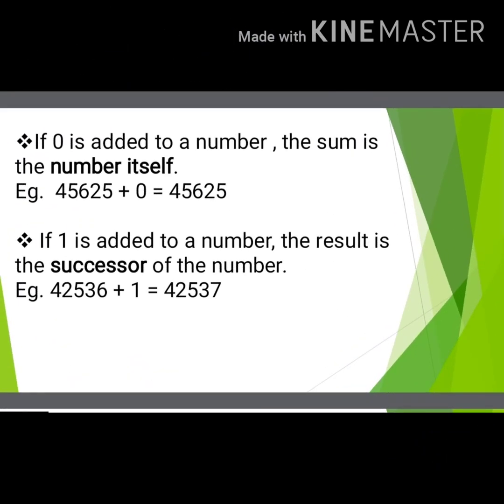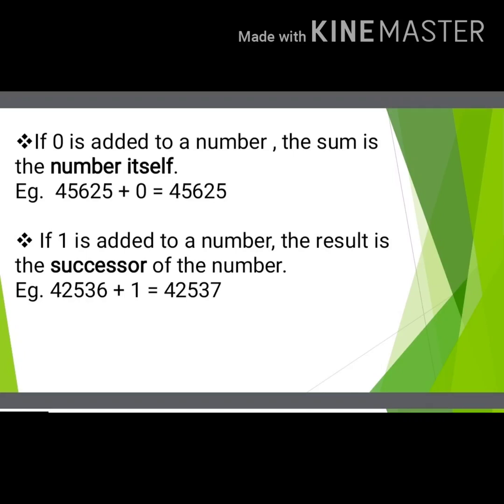Property number 3. If 0 is added to a number, the sum is the number itself. That means if I assume any number, in our example we have 45,625 plus 0, it will give me the same number, that is 45,625.